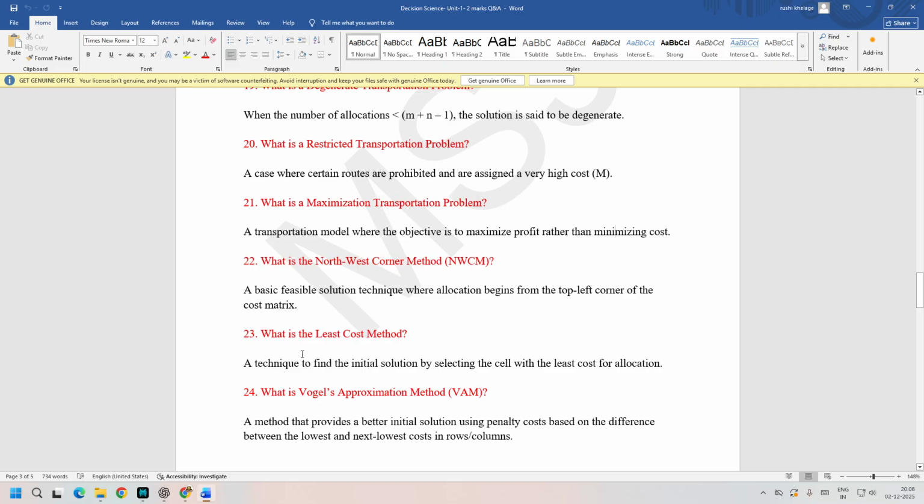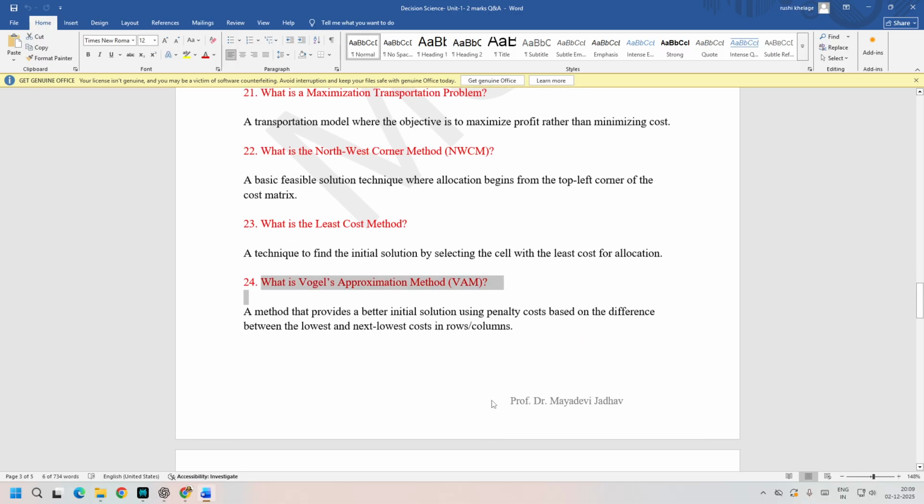Question number 23. What is the least cost method? A technique to find the initial solution by selecting the cell with the least cost of allocation. This is called the least cost method. What is Vogel's approximation method?